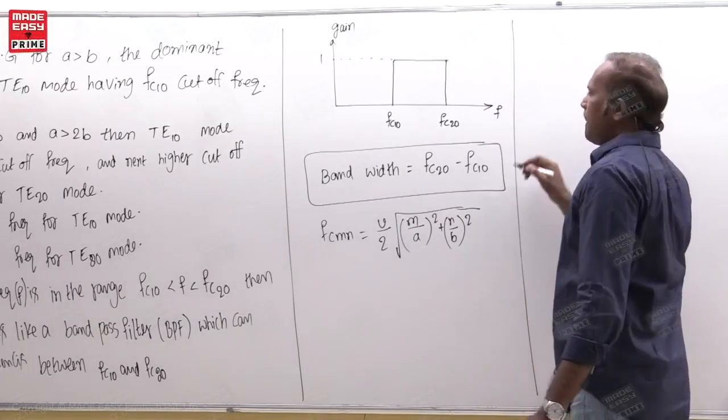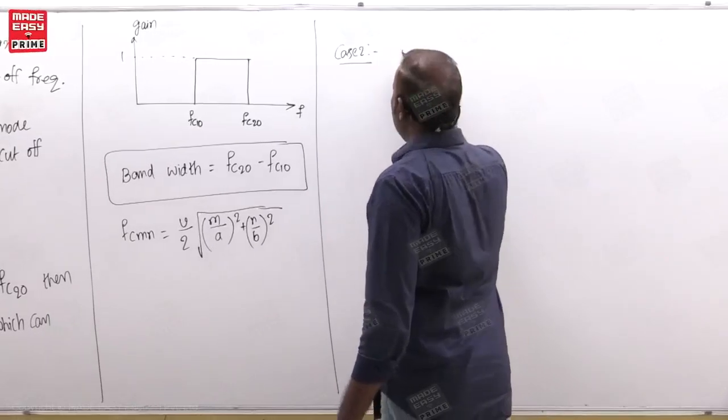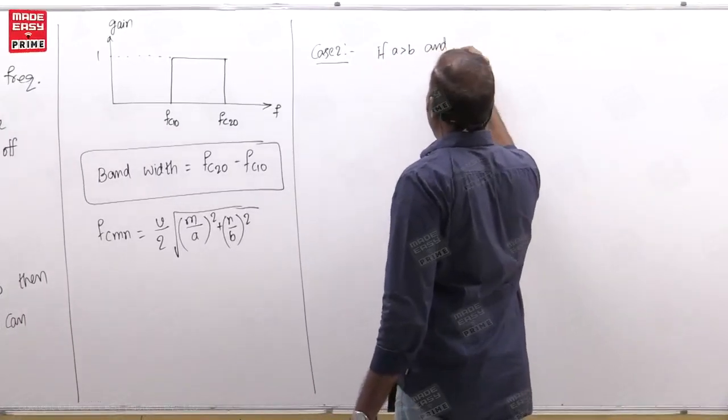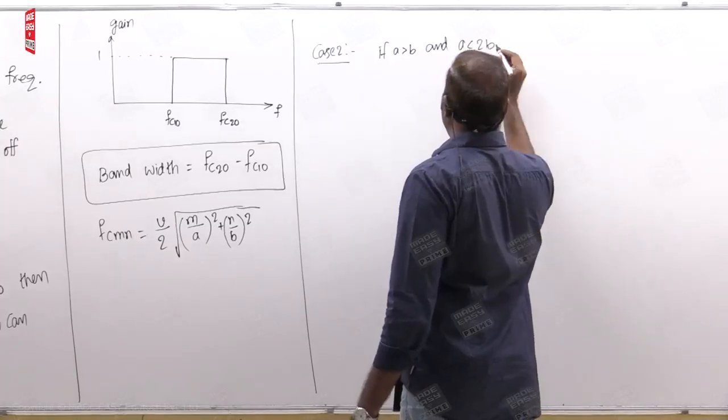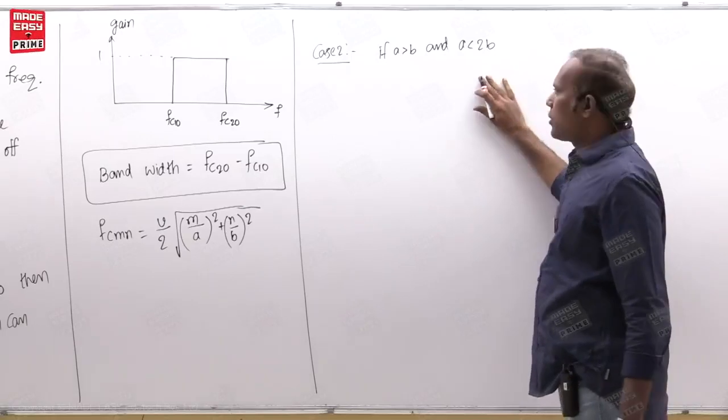Next, case 2. If A greater than B and A less than 2B, right, dear students? I will solve them, don't worry. In the workbook, one question is there.